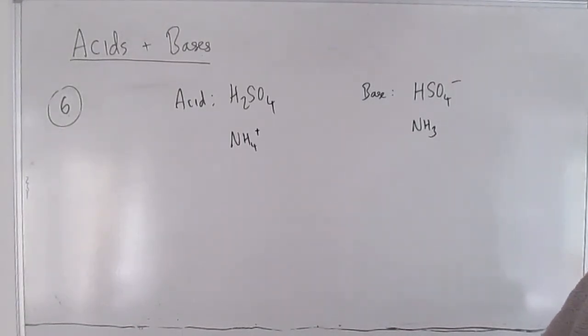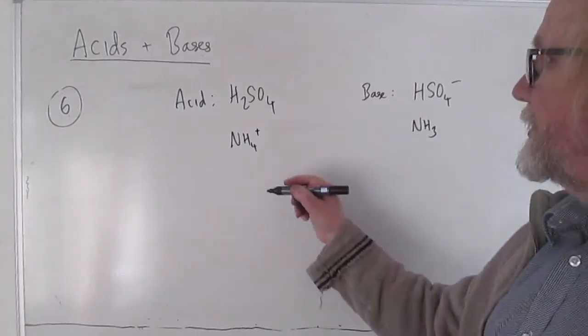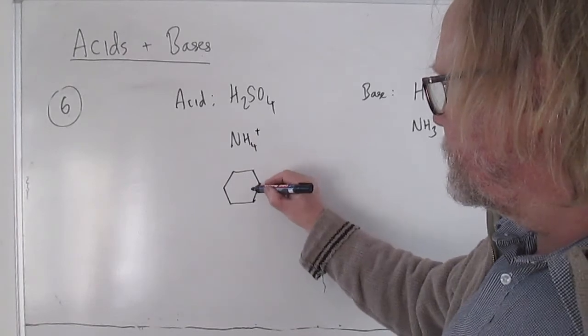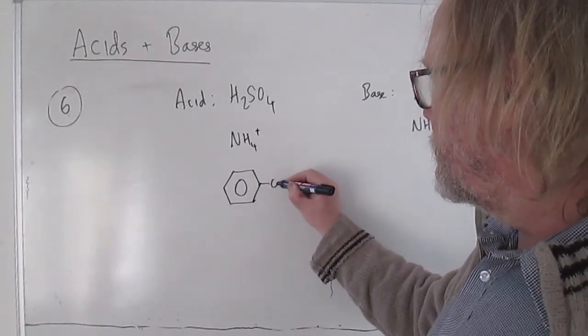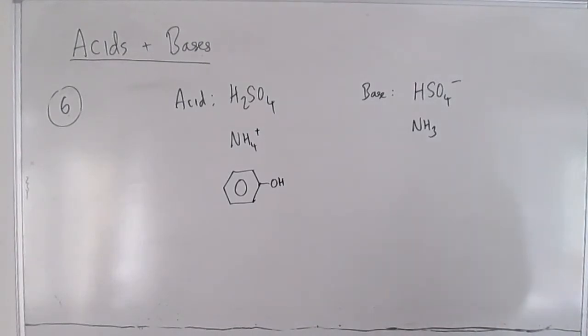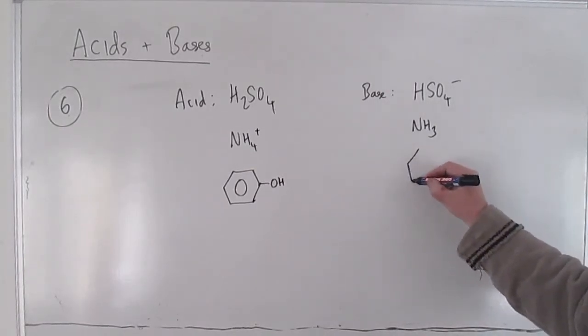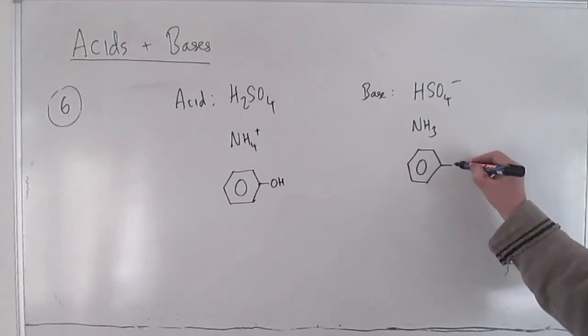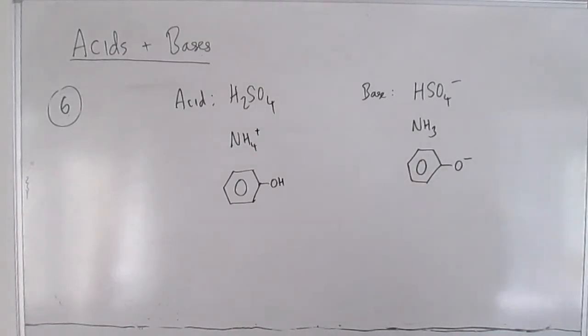In the third one, we have C6H5OH, which hopefully you recognise is phenol. C6H5, remember, is a phenyl group. And we learnt in organic chemistry that phenol is a weak acid, so it can be a proton donor. If it donates H+ to something, then it becomes its conjugate base, which is the phenoxide ion, which is that.